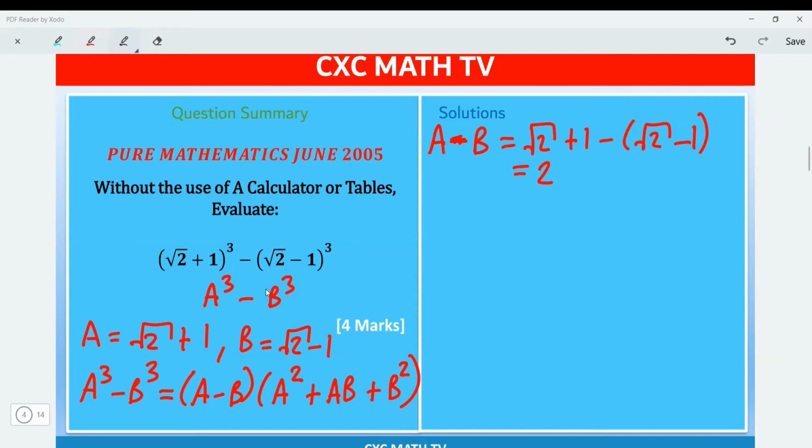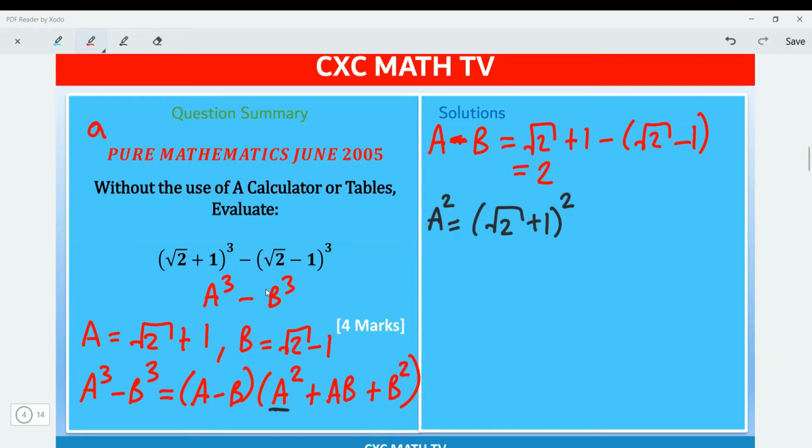Now the next one we need to work out is a square. a square would just be (√2 + 1) all square. Now I want us to remember this formula. At CAPE level, we don't want to be expanding brackets and simplifying.